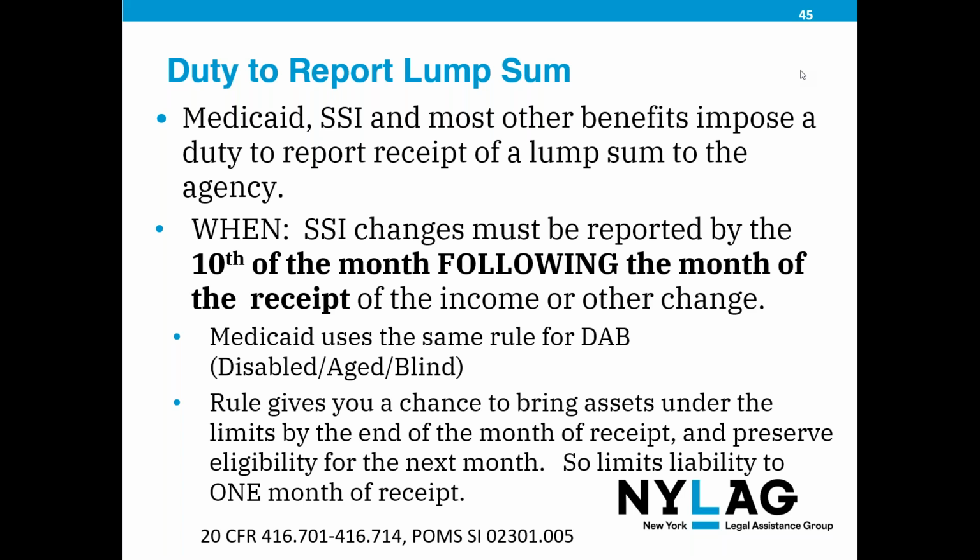So they made the rule say, no, we're only going to require that you report it next month. And we're going to let you bring down the asset to below the asset limit by the end of the month in which you received it. And if you've done that, you have preserved eligibility for the next month. So you're only ineligible in the month of receipt.